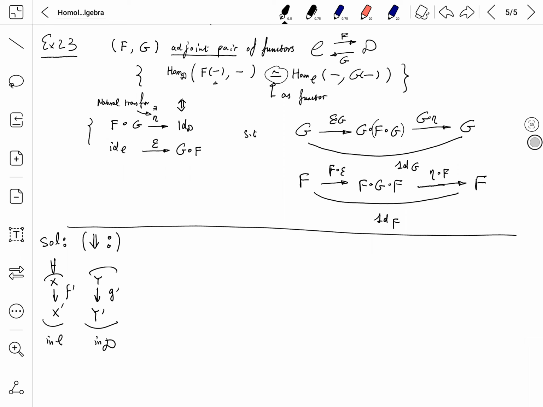So for any given morphism, we have a commutative diagram. Let's first evaluate F of x and apply this G prime.